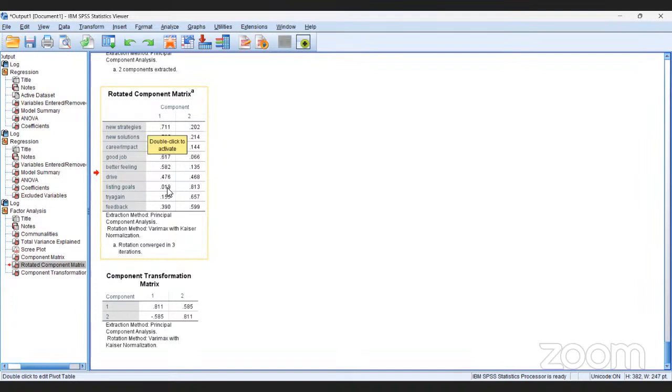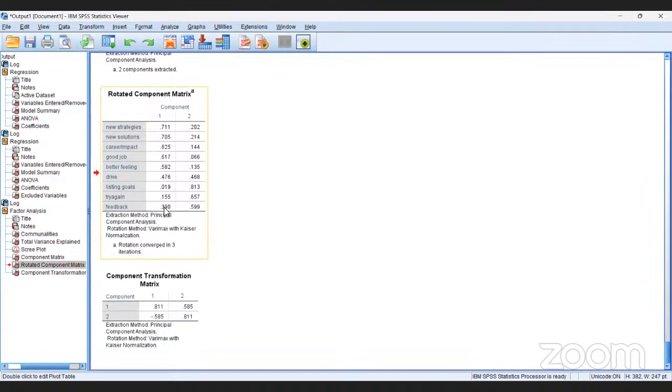Because it is 0.019 for first factor. And this is for second factor 0.813. And try again 0.155, and here it is 0.557.